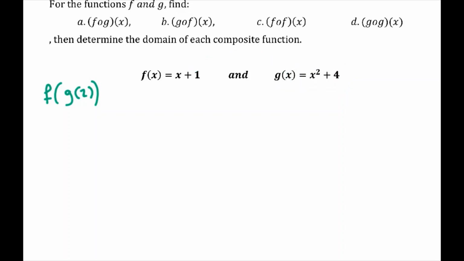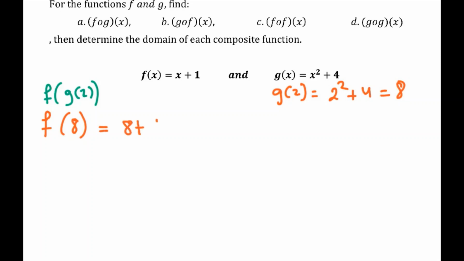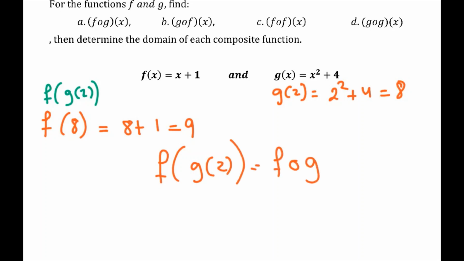You calculate g(2), which is equal to 2 squared plus 4, that's equal to 8. And then you substitute 8 in the function f, which is going to be 8 plus 1, that's equal to 9. What we got is f(g(2)), written as f of g of 2.